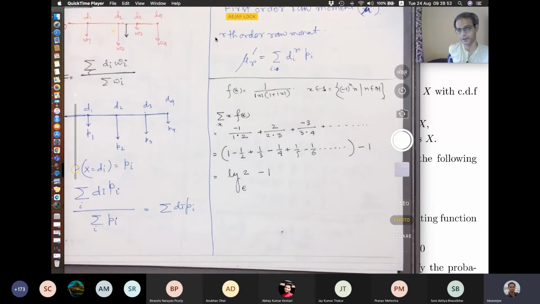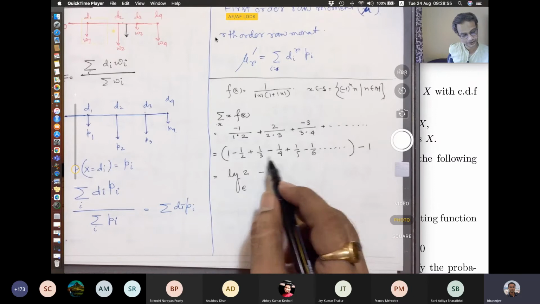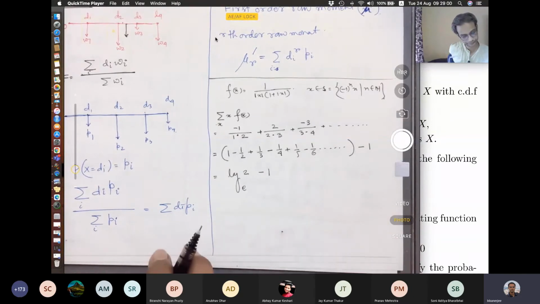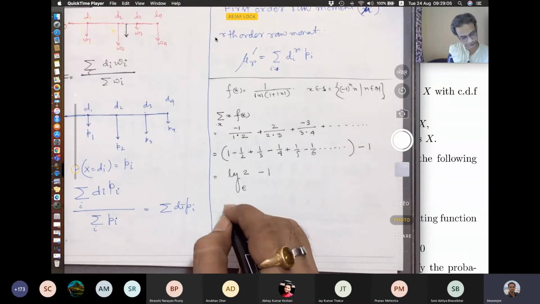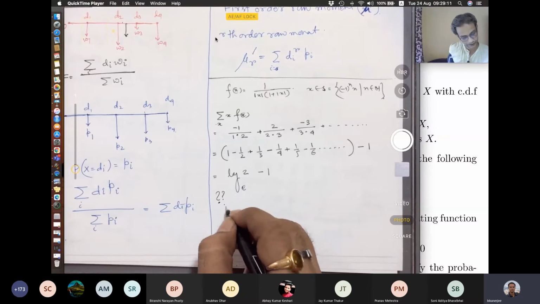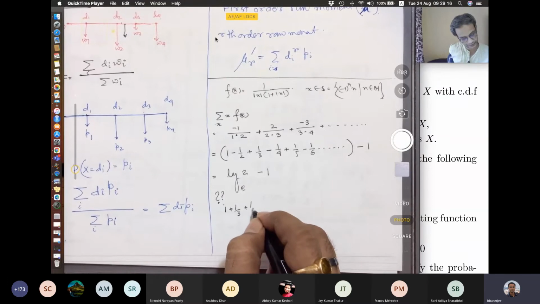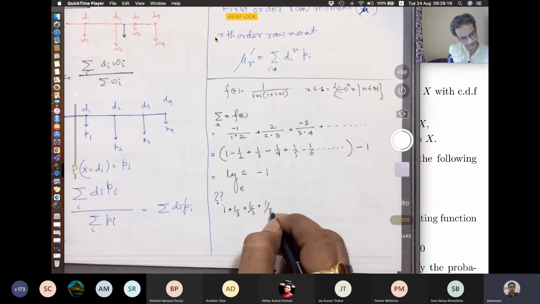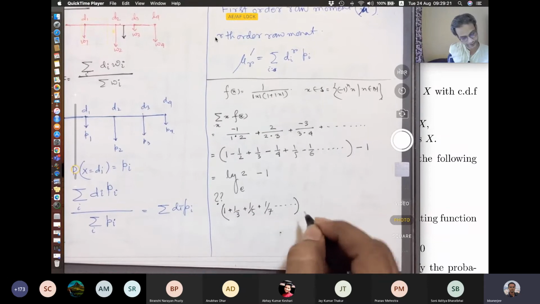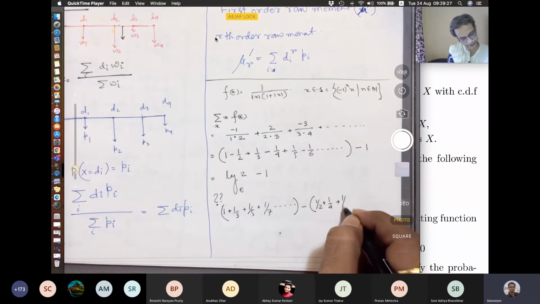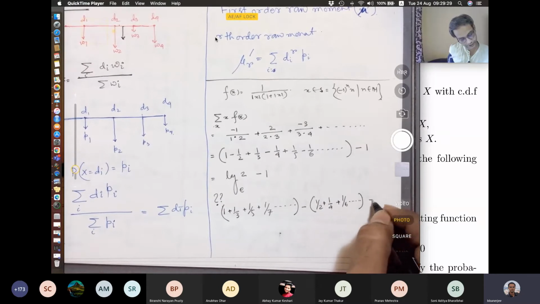Now, if I say that I will do this summation in this way, now there is a question mark: 1 plus 1 by 3 plus 1 by 5 plus 1 by 7 and so on, minus 1 by 2 plus 1 by 4 plus 1 by 6 and so on, minus 1.